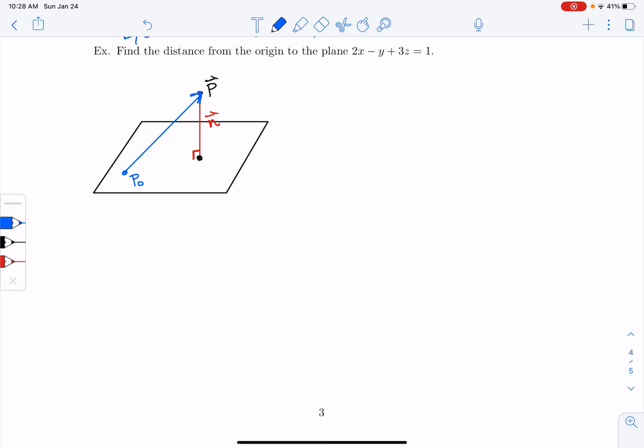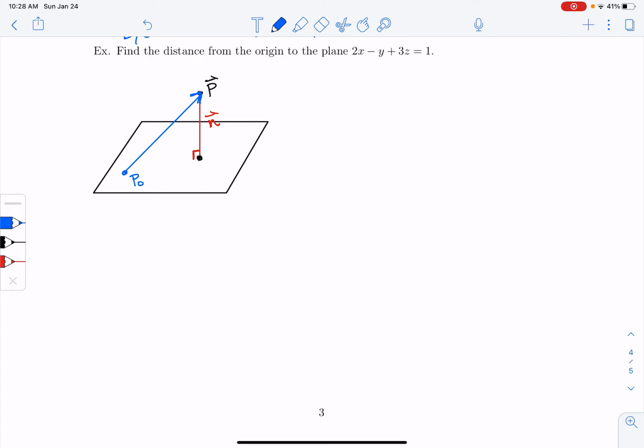And then I can think about the perpendicular distance from P down to the plane. It is actually the projection of that blue vector in the direction of the normal vector.